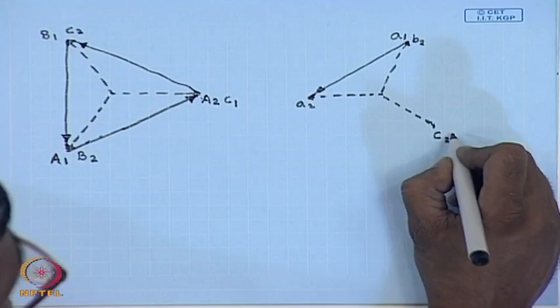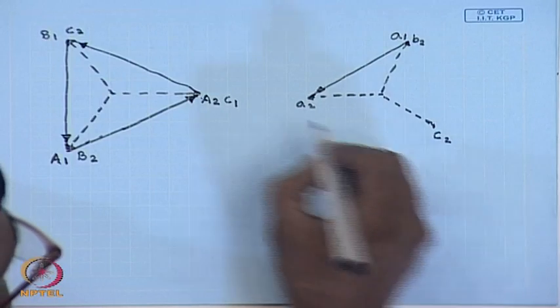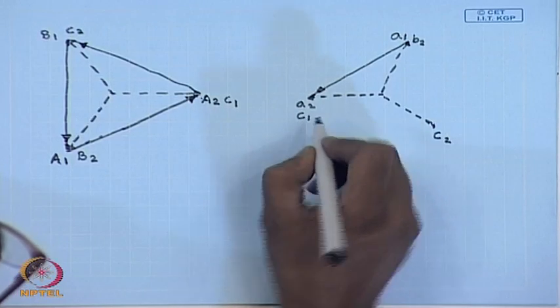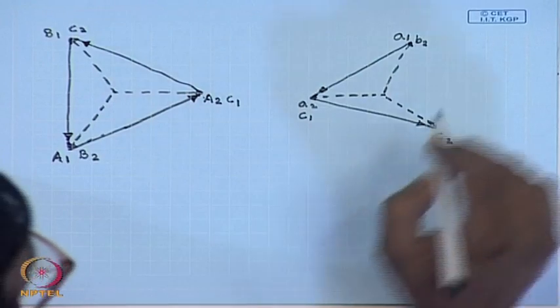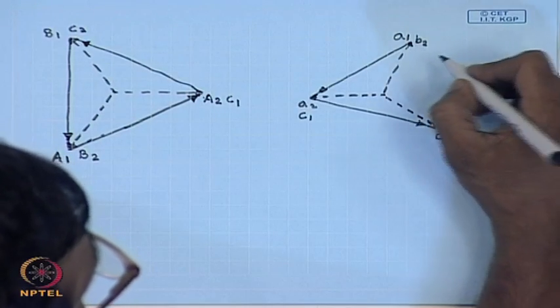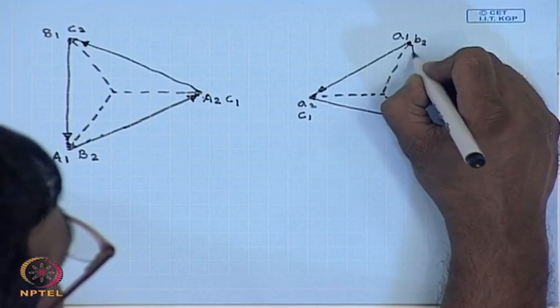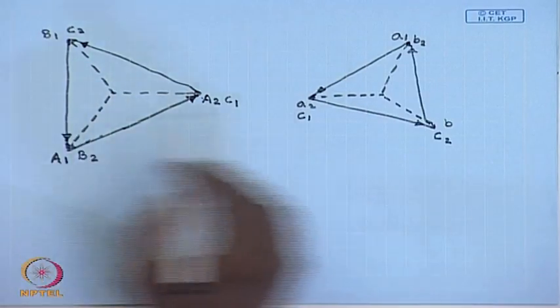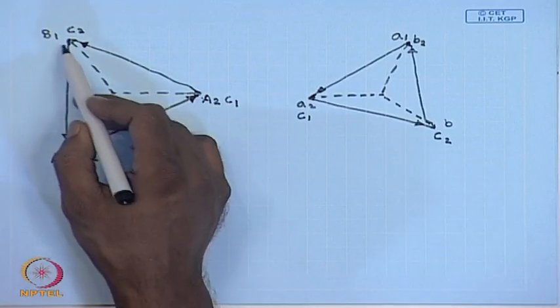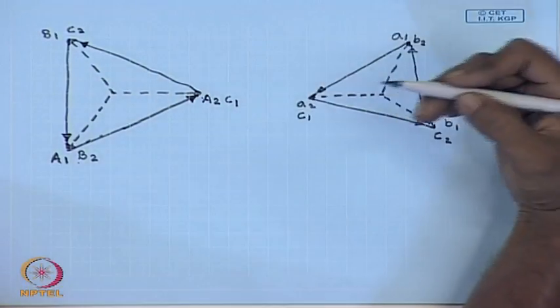If this terminal is C1, then this is the voltage C1 C2, and if this terminal is B1, then this is the voltage B1 B2. So, we see that the winding voltages B1 B2 and B1 B2 are in opposite phase.